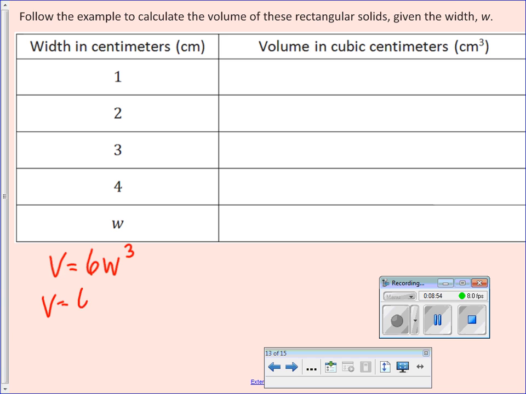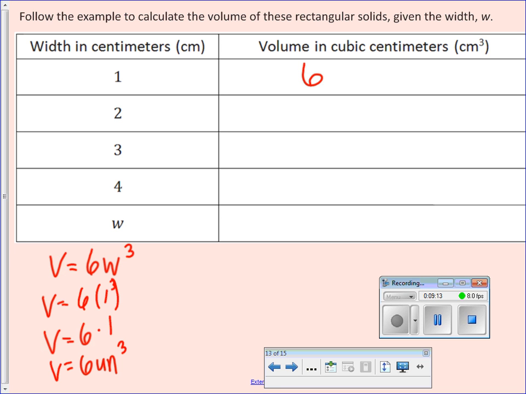Volume equals 6. Our width is 1 cubed. V equals 6. What's 1 times 1 times 1? So volume equals 6 units cubed.